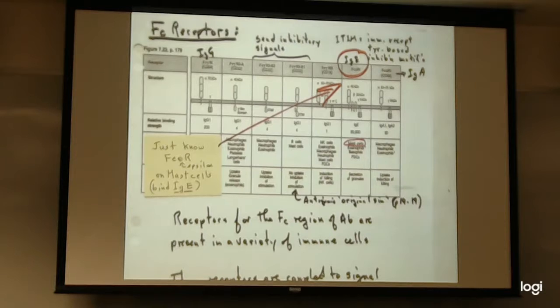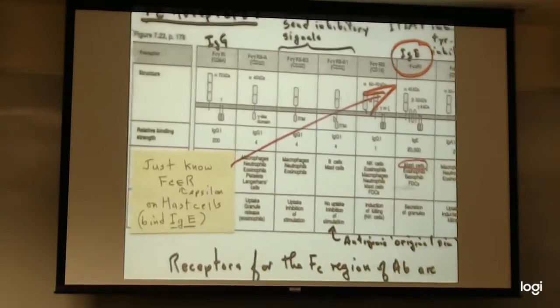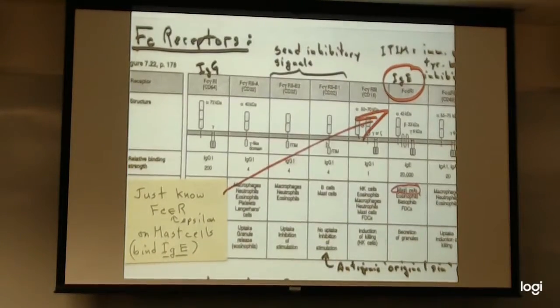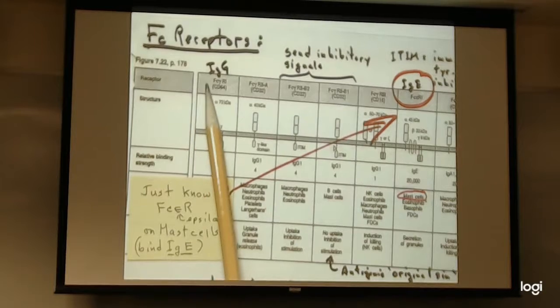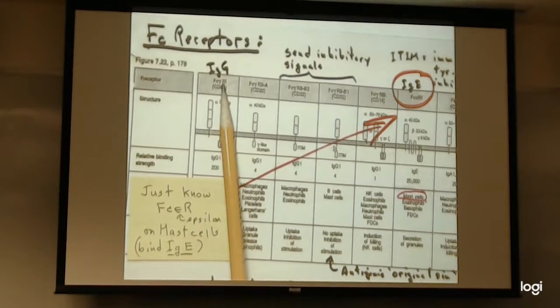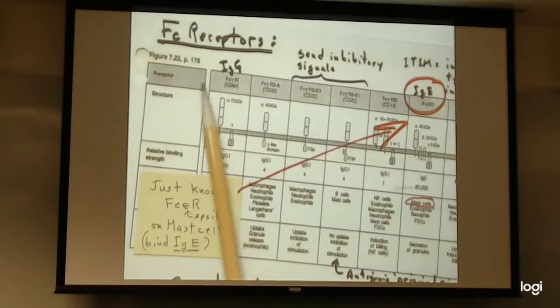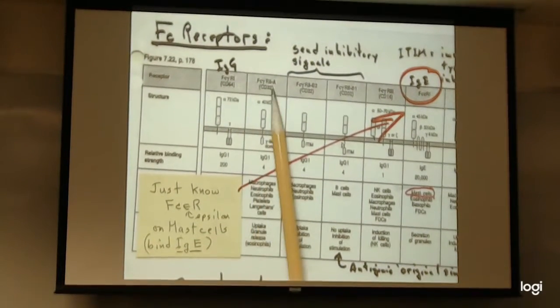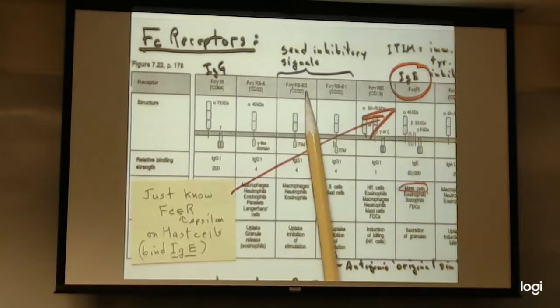So here are the more common, important Fc receptors. They all have the Greek letter here. If we're recognizing immunoglobulin G, we would speak of an Fc gamma receptor. We have a set of Fc gamma receptors: numeral 1, numeral 2A, numeral 2B2, and so forth.